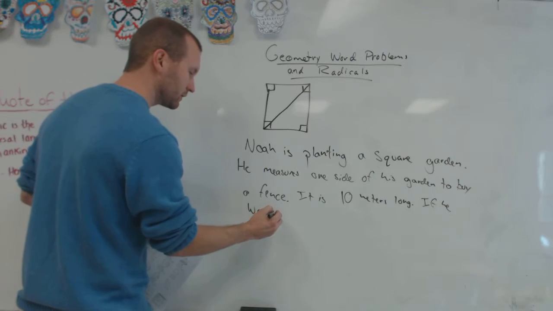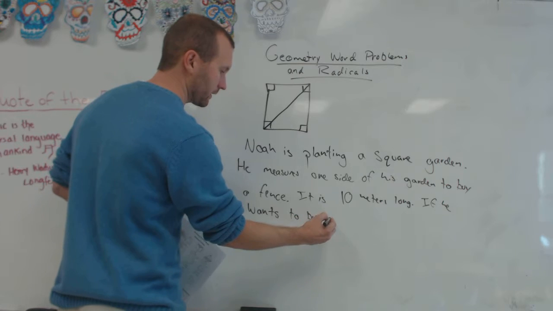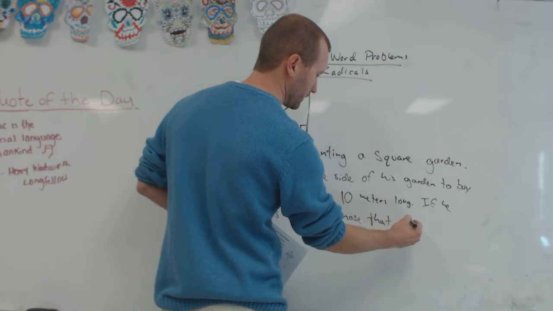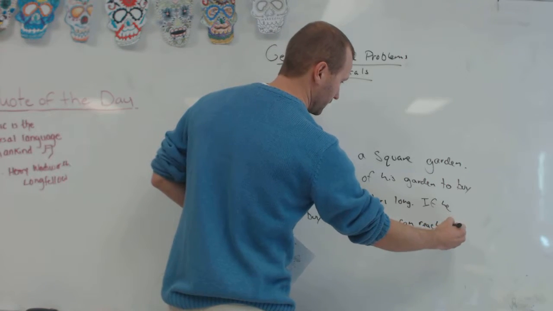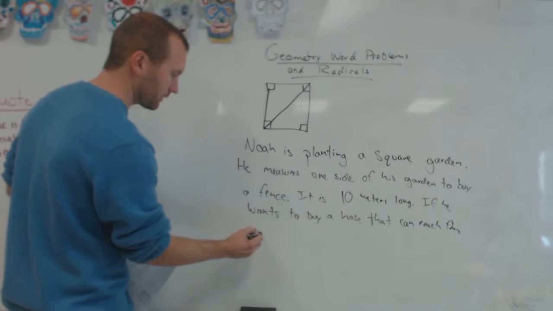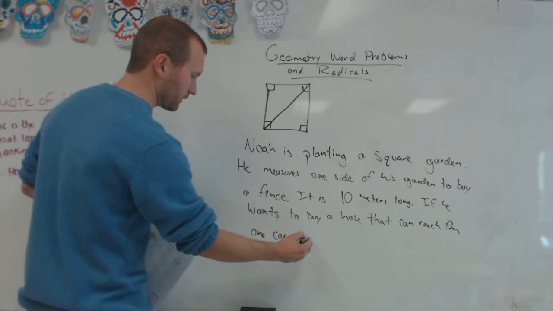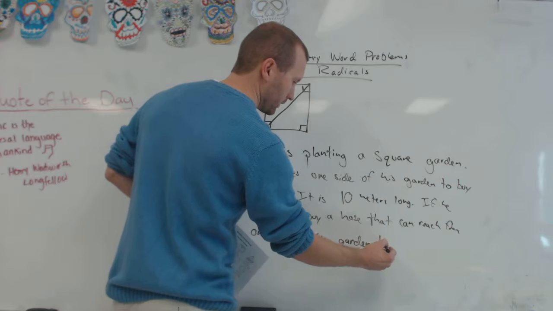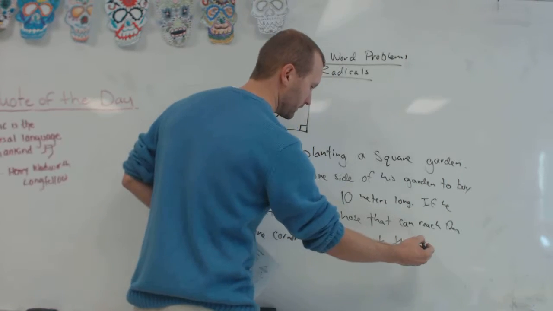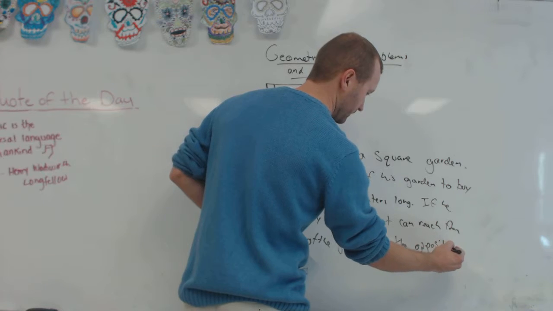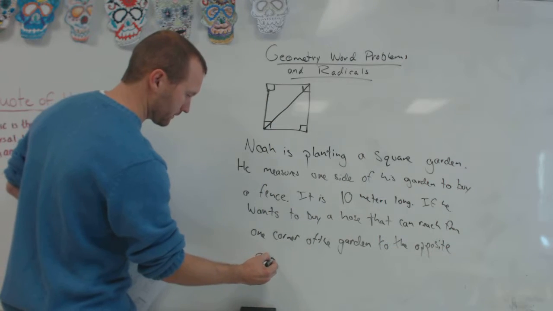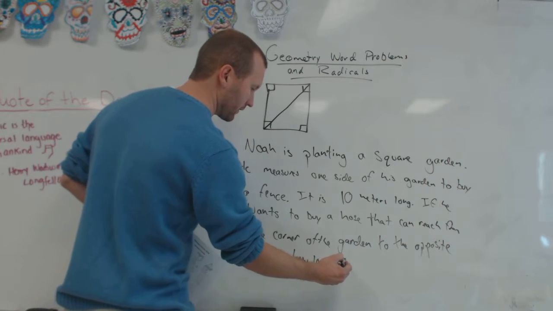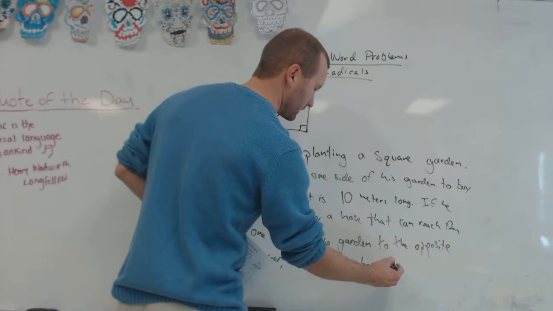If he wants a hose that can reach from one corner of the garden to the opposite corner, how long of a hose does he need?